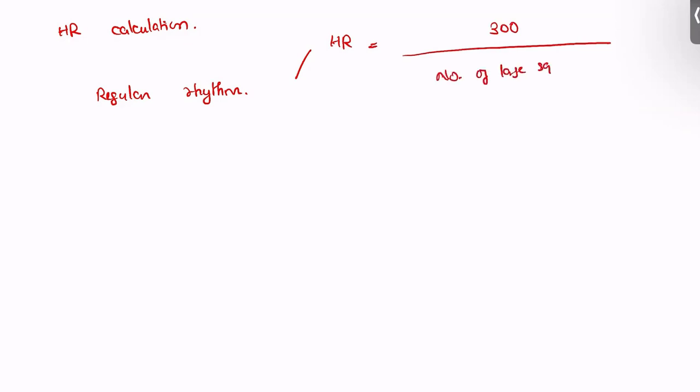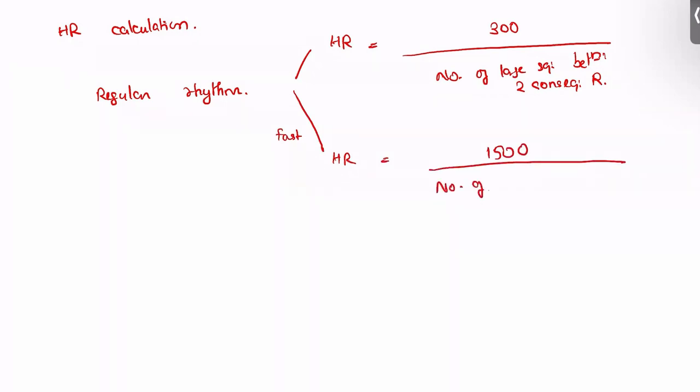If you have a regular rhythm, heart rate is 300 divided by the number of large squares between 2 consecutive R. But if the heart rate is very fast, you can use 1500 divided by the number of small squares between 2 consecutive R. Okay, it is for the regular rhythm.